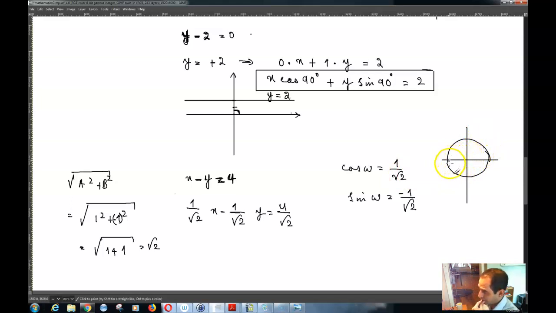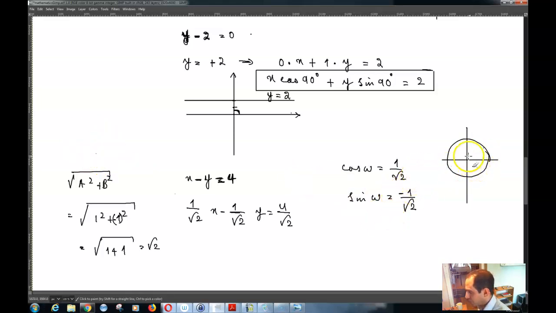If you have some angle whose cos is square root of 2 over 2, or 1 over square root of 2, but the sine of that angle is negative, it's either in the third quadrant or in the fourth quadrant. But since your cos is positive, you are in the fourth quadrant, of course, and that angle is the same angle that we got over there, 315 degrees.